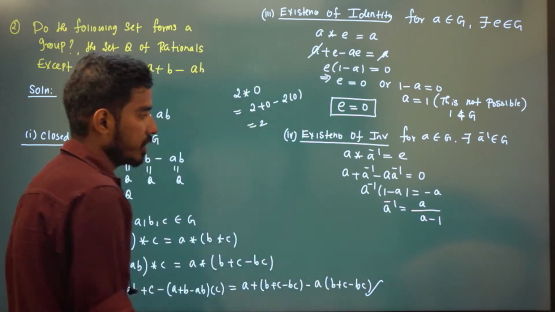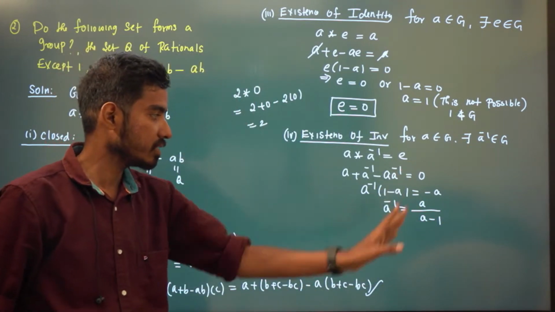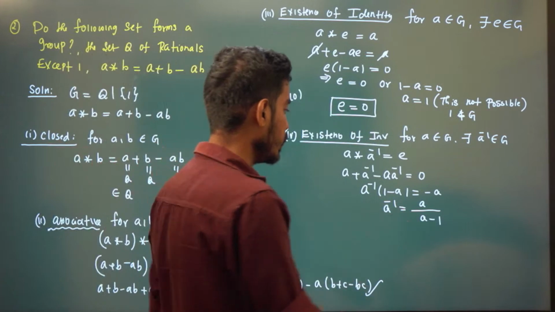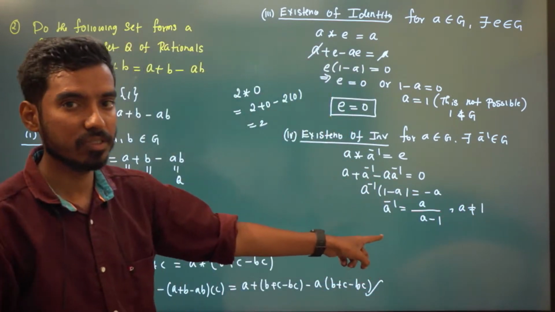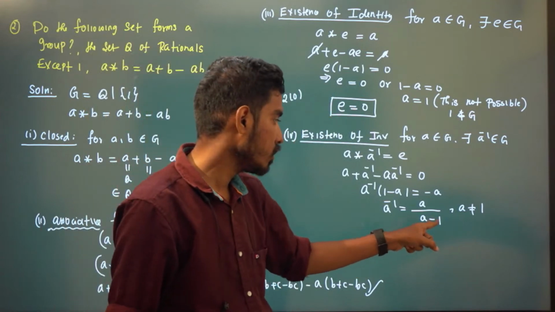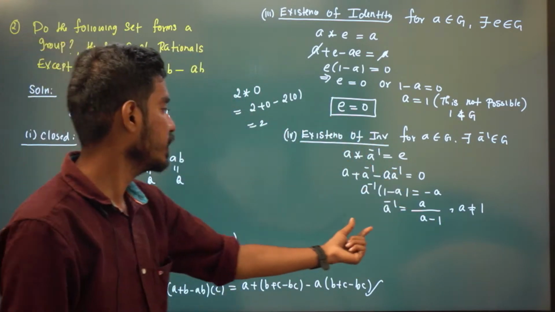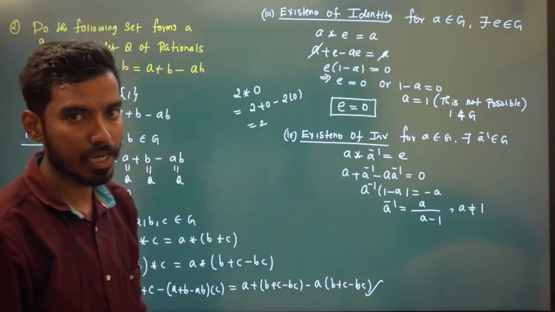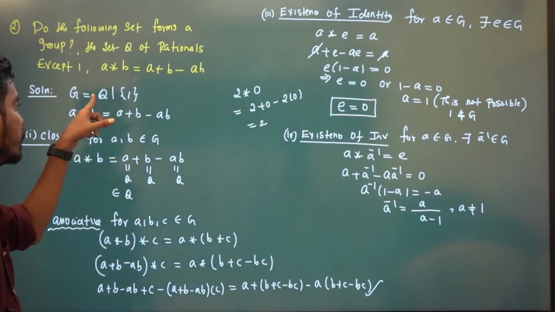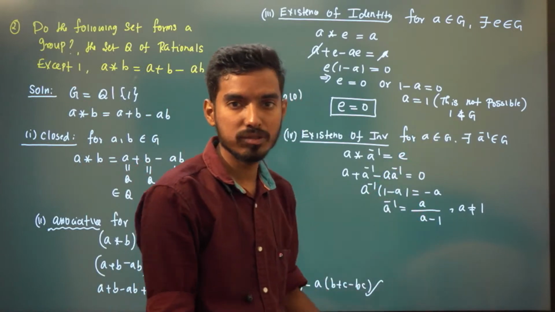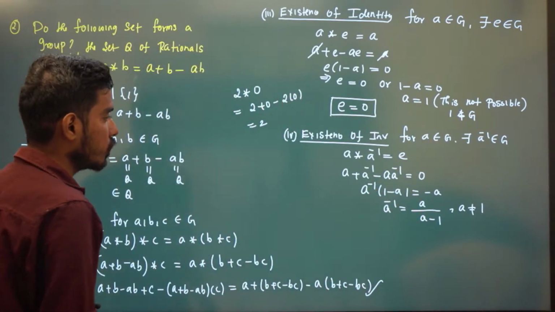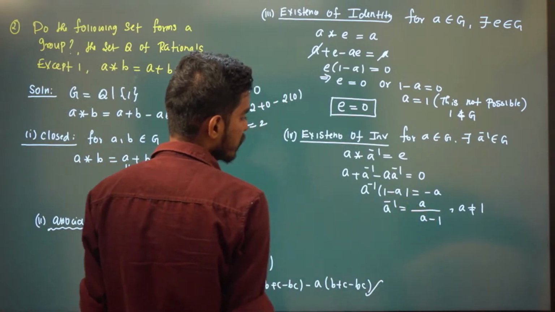So you can see A is not equal to 1 here. If A is equal to 1, the inverse does not exist. But 1 is not in our set. So that means the denominator can never be 0 because 1 is not in our set. That is why they have given except 1. If you add 1, there is a problem here. So for any A, A by A minus 1 is the inverse.